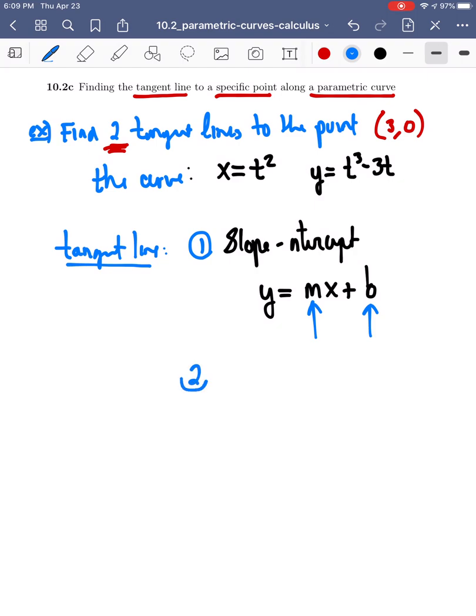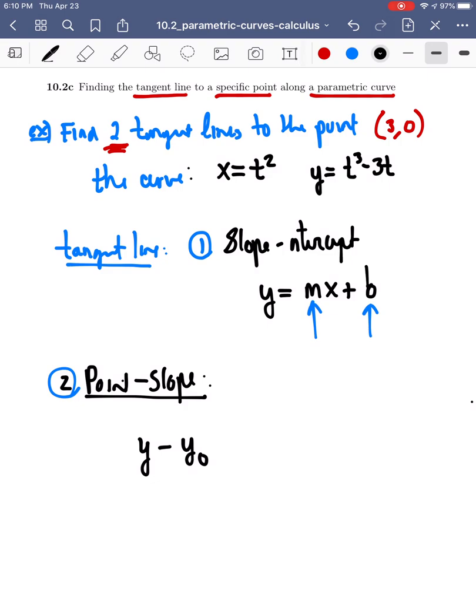And there's the other formulation, the point-slope formula. This form might be a little less familiar to us, but let's just check it out. This is y minus y0 equals the slope m times x minus x0.